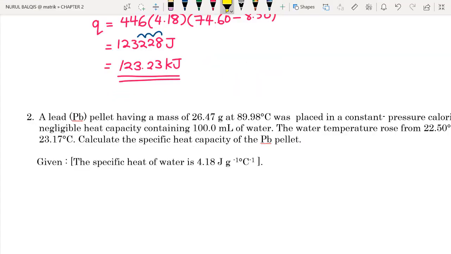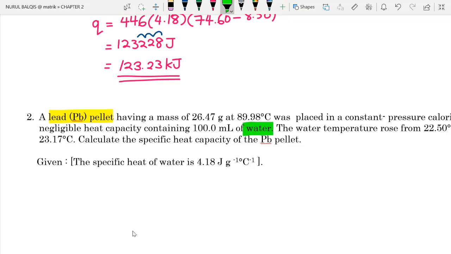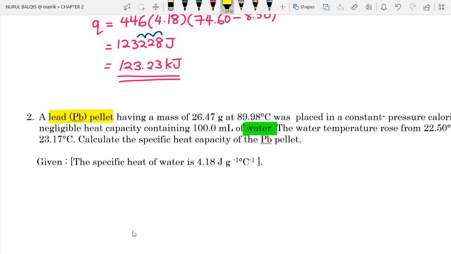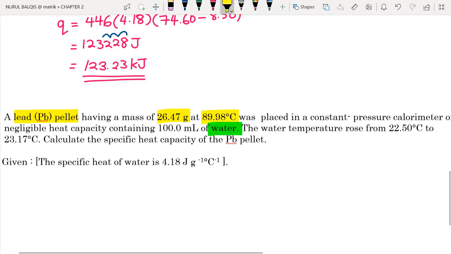For question number 2, we've got information about a lead pellet and also water. So we are going to read this question together and highlight the important points as we go through it. So let's change it to yellow for lead pellet. The lead pellet has a mass of 26.47 gram at 89.98 degrees Celsius and was placed in a constant pressure calorimeter.